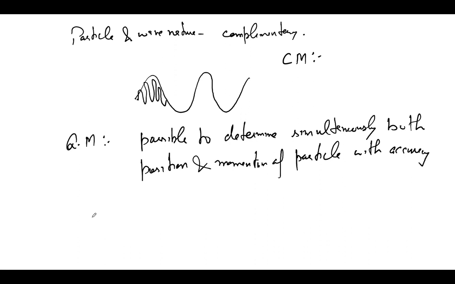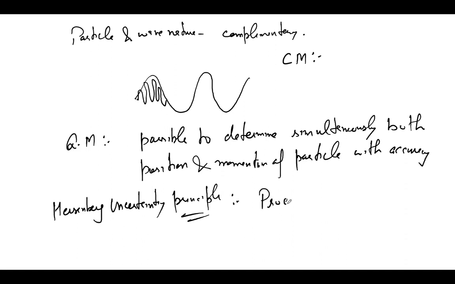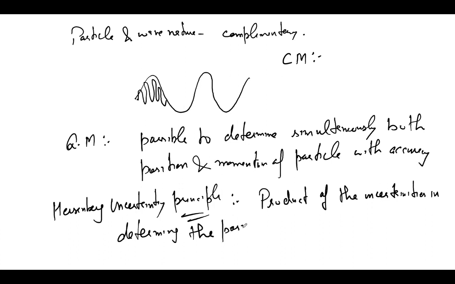It says that the product of uncertainties in determining the position and momentum of a particle is approximately equal to Planck's constant.